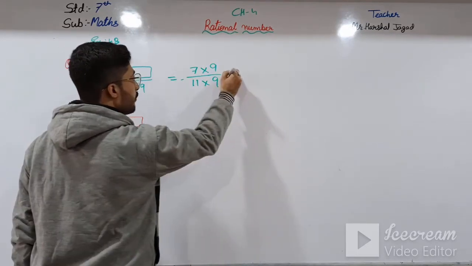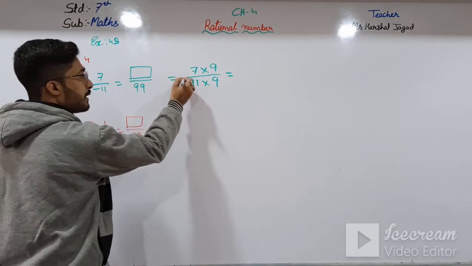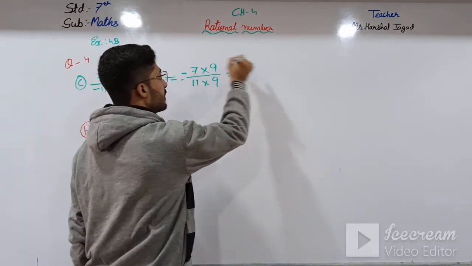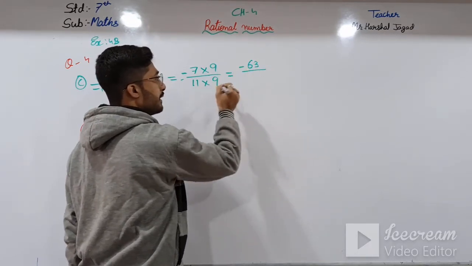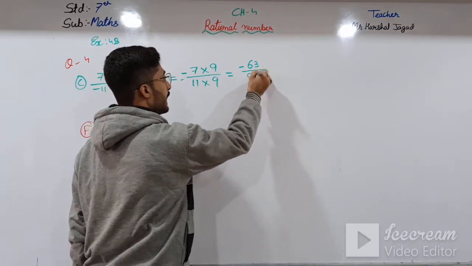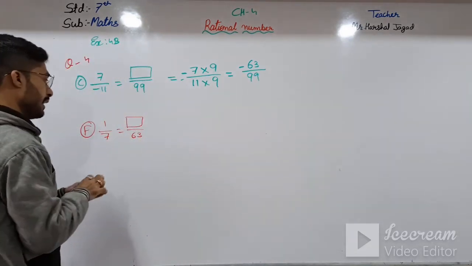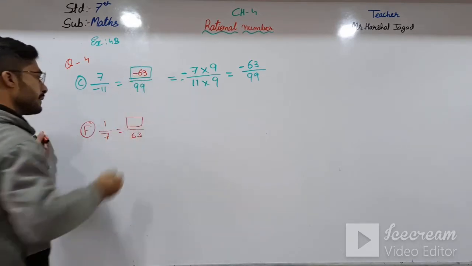Then it will be equivalent fractions. But here you can see in 99 there is no minus sign, so we will put this minus sign on the upper side. So 9 sevens are 63, with minus, minus 63 upon 99. So here the answer is minus 63.